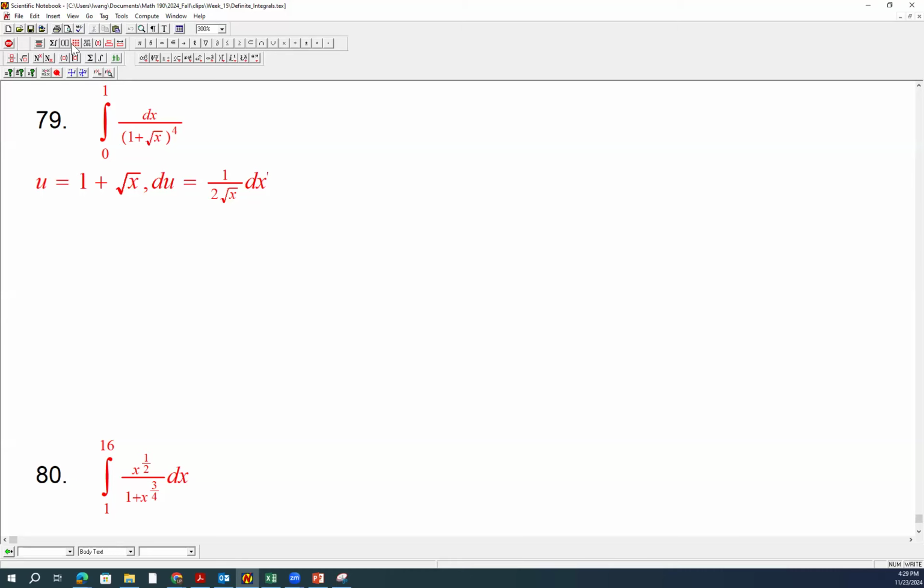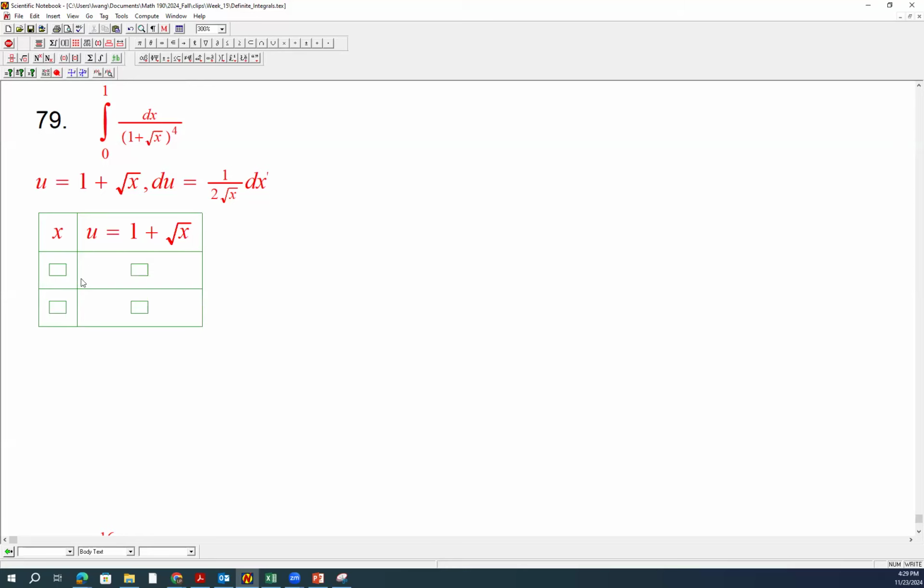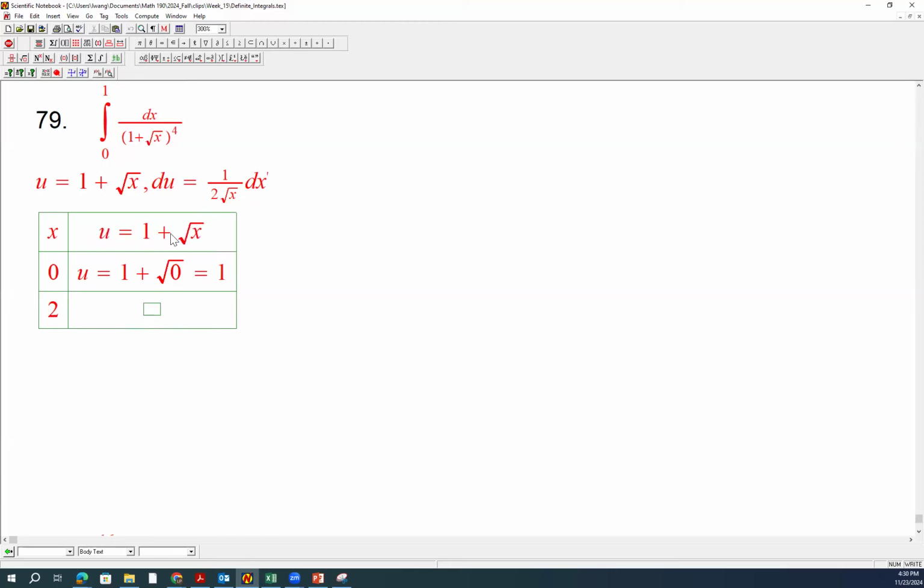Interval change: x is from 0 to 1, and u, when x is 0, equals 1, and when x equals 1, that's going to be 2. But we do have a problem here. Let's see if we can make it work. So the interval will change to lower limit 1, upper limit 2.